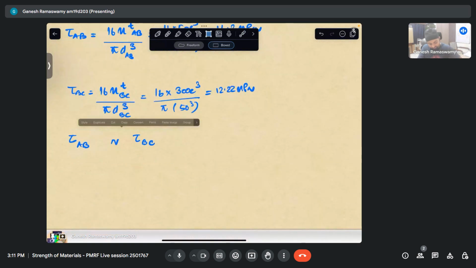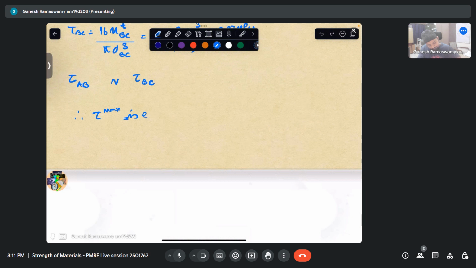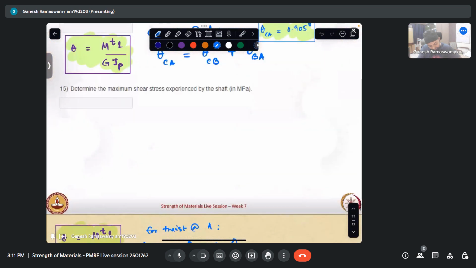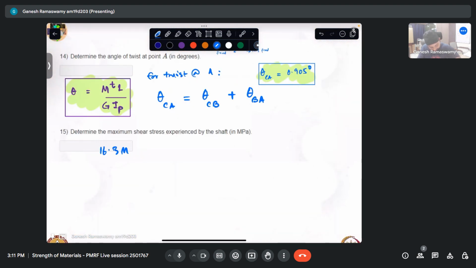Therefore, tau max is experienced by portion AB, which is of the magnitude 16.3 MPa. So this is the maximum shear stress experienced by the shaft anywhere.